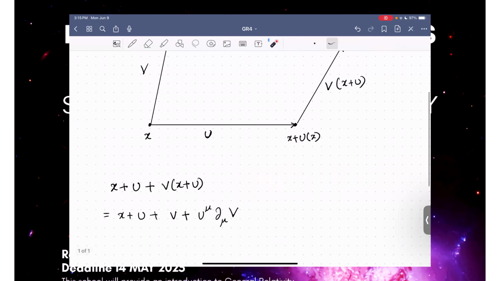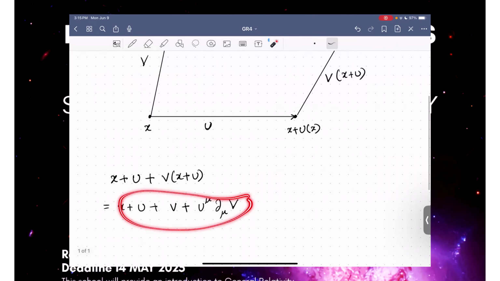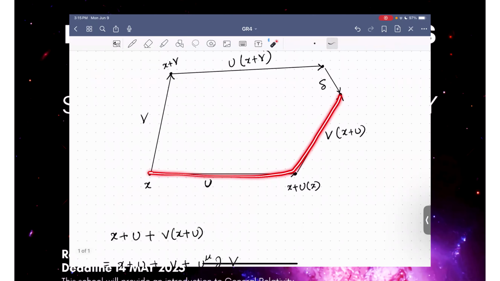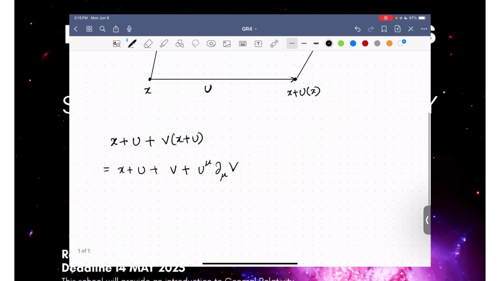All right. So this vector, or really this point, represents a point infinitesimally close to x that you find by traversing this path. So now let's see what happens if we do this. It's very similar.